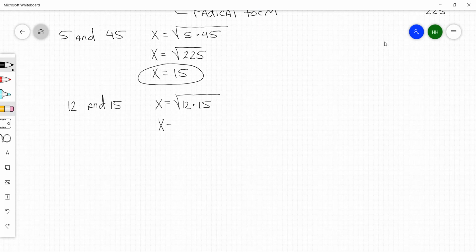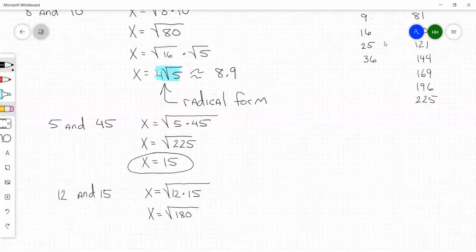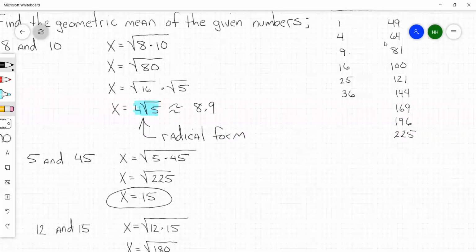So x is equal to the square root of 180. If we're going to simplify the square root of 180, it is not a perfect square. We're going to find the largest perfect square that will go into 180 evenly. Understand that?